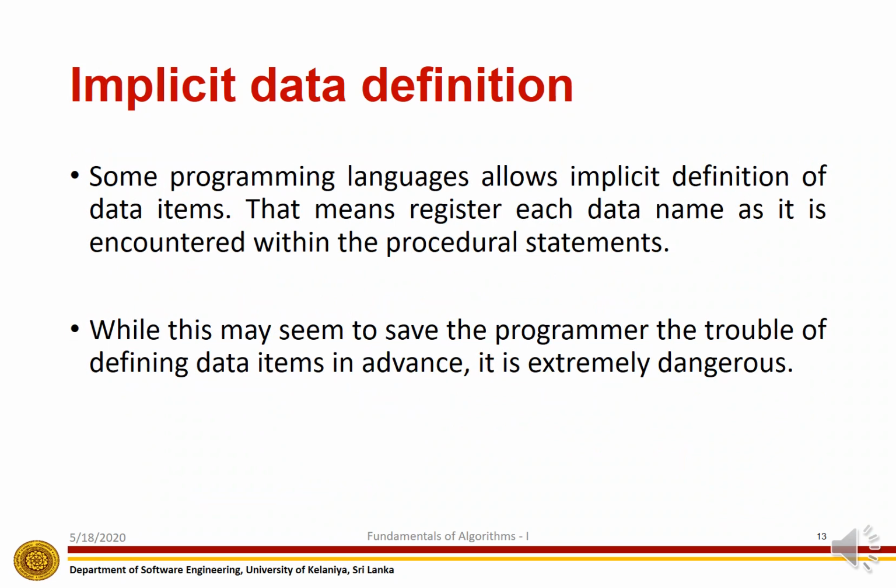Then implicit data definition. It means we are giving the definition of data variables or data items when we are using those variables in the procedure writing. Some programming languages allow this and some do not. Implicit code can be a very nice experience if things are well named, as it keeps things simple.